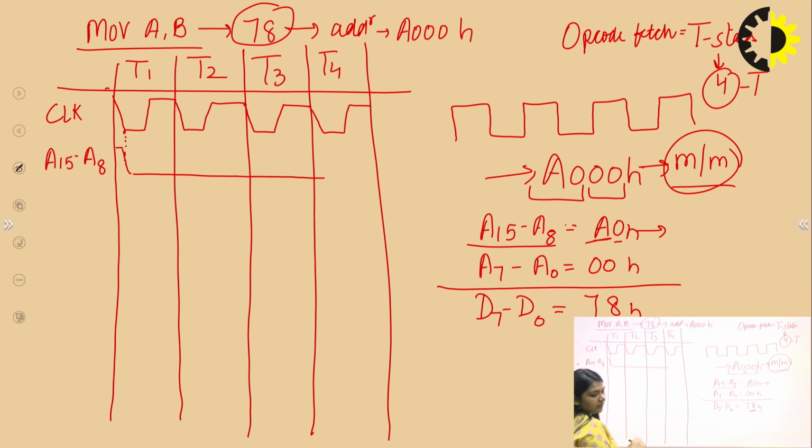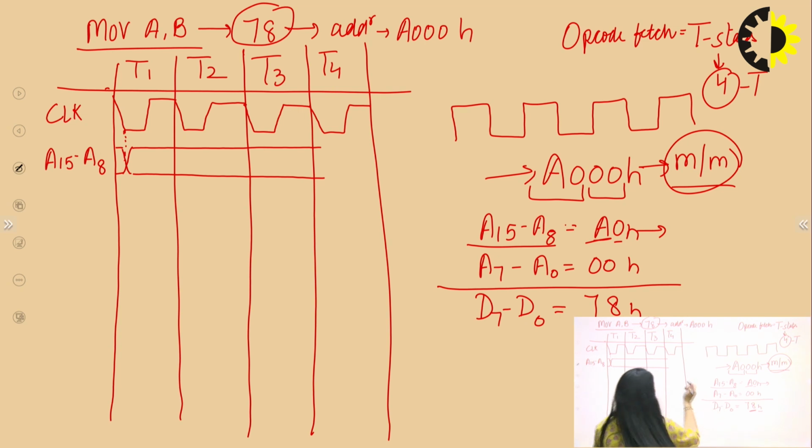So for the higher order address, approximately 3 T states are required, and at the last T state, the decoding part is started.